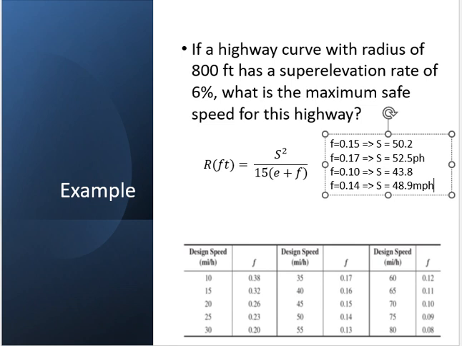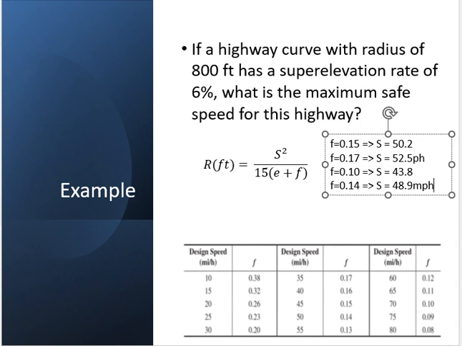I cannot make any other assumption now. Because if I assume 0.15, then I am assuming that should be 45, and it's not close to 45, it is close to 50.